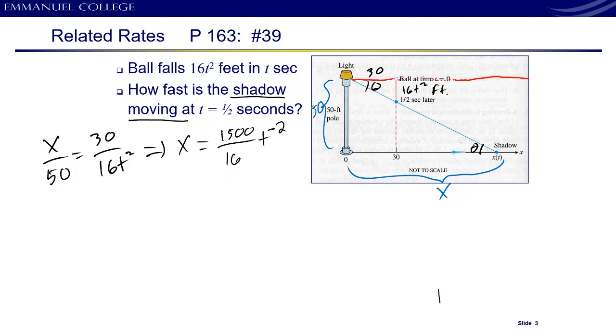Let me be more specific. I'm being lazy here. I don't want to have to do the quotient rule. So I'm just going to turn it into a constant times a variable to a power, because life's going to work a little bit easier that way. So now I have x on this side, t on this side. So then let's just take the derivative with respect to t of both sides.